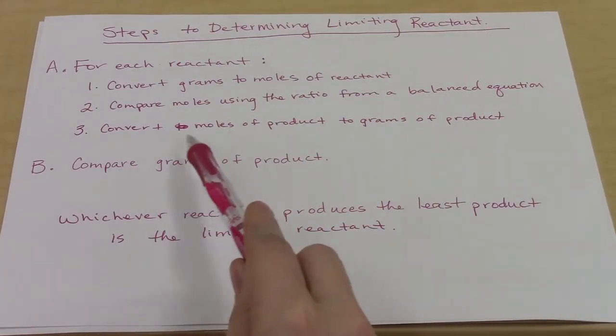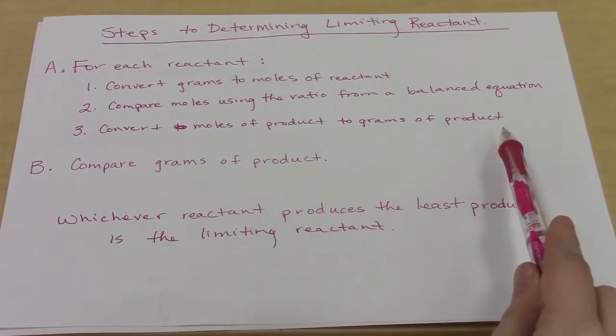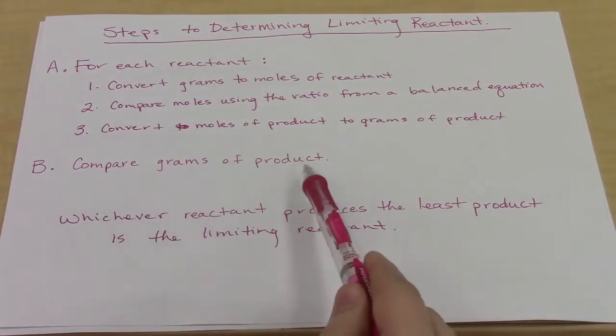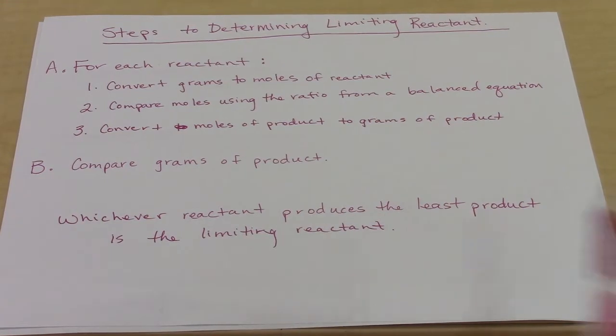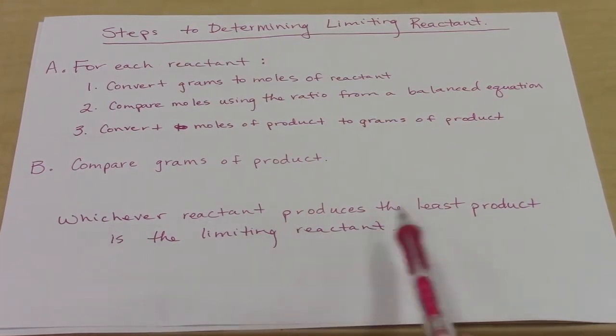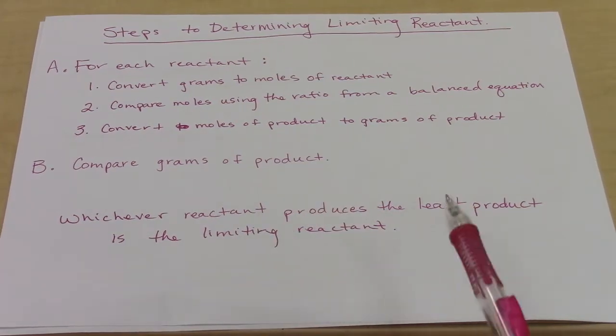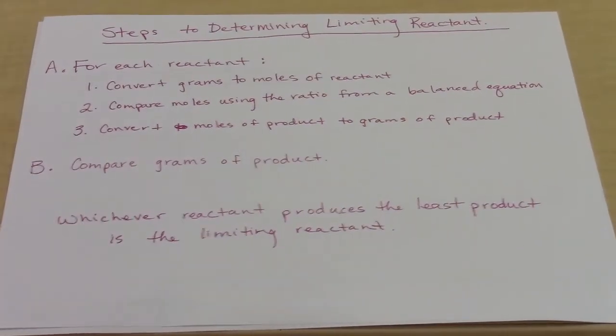Then you're going to convert moles of product into grams of product. Then you're going to compare the grams of product from each of the 2 reactants, and whichever reactant produces the least amount of product is the limiting reactant. We're going to go through a simple example with cupcakes and then a more complicated example with a chemical equation.